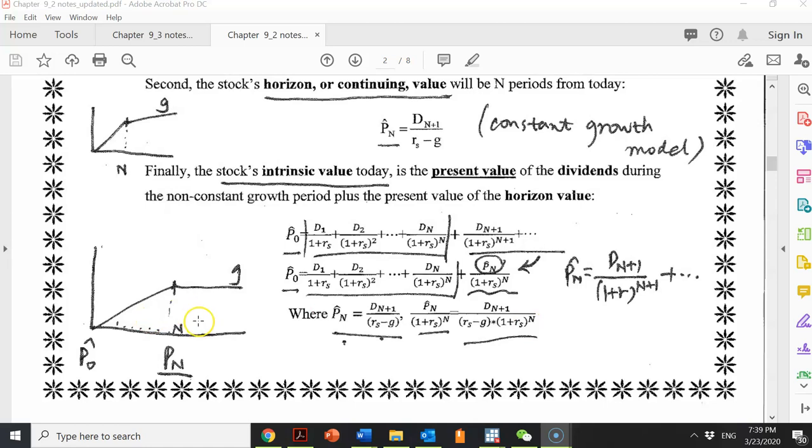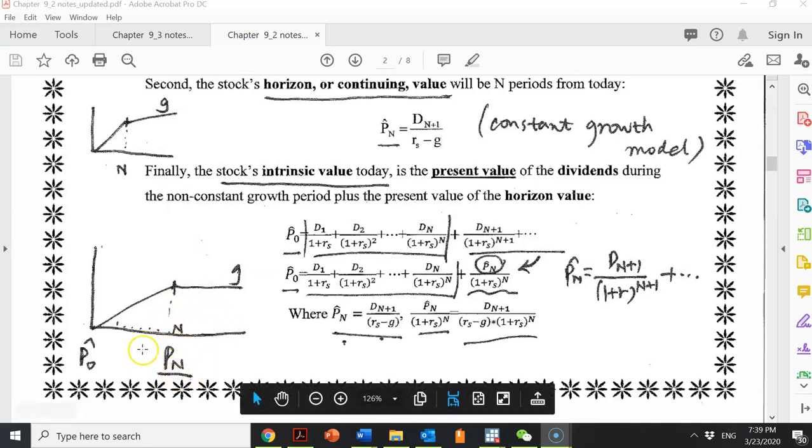So we use constant growth model to discount all these dividends in the second stage to time n. So we have Pn. And then we discount Pn, also discount all the dividends in the first stage. So we have P0.